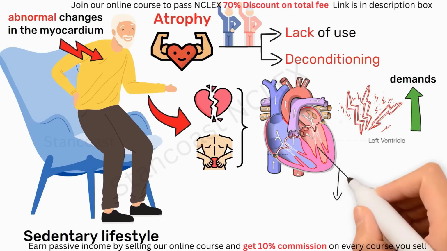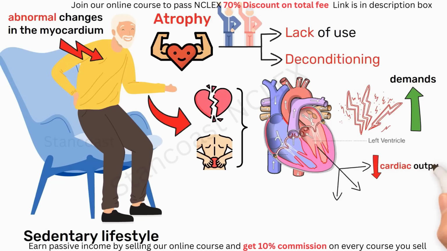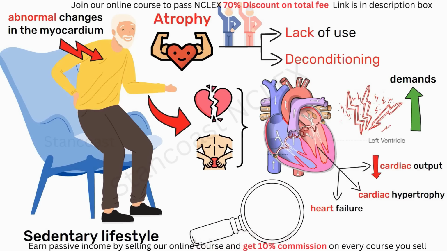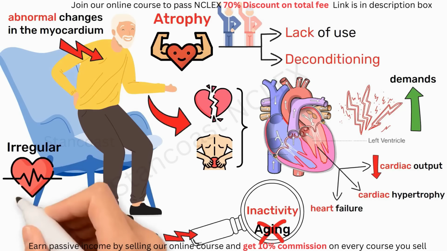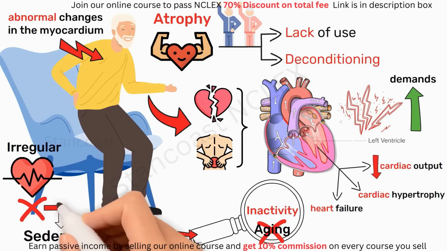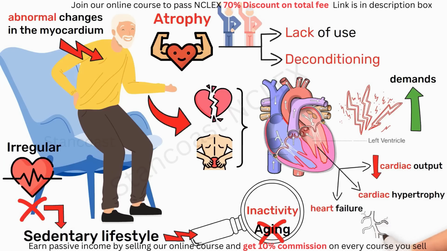This can lead to conditions such as decreased cardiac output, cardiac hypertrophy, and heart failure, which are primarily a result of inactivity rather than the aging process. Irregular heartbeats are generally not associated with the sedentary lifestyle of older adults. Peripheral vascular occlusion or pacemaker placement should not affect the individual's ability to respond to stress.